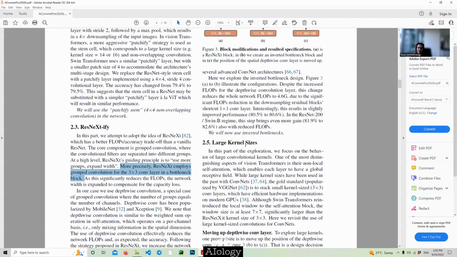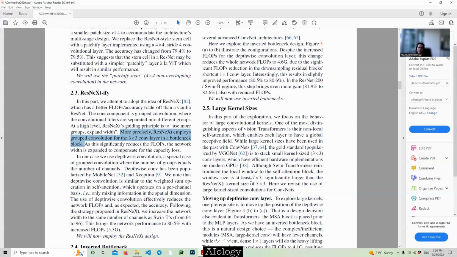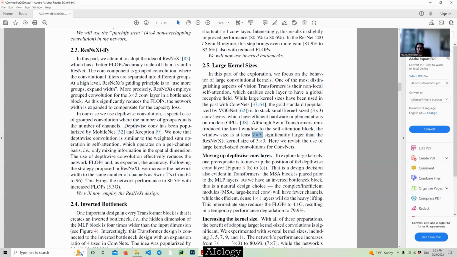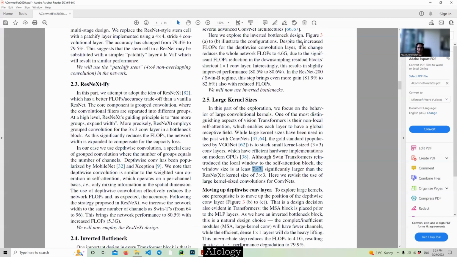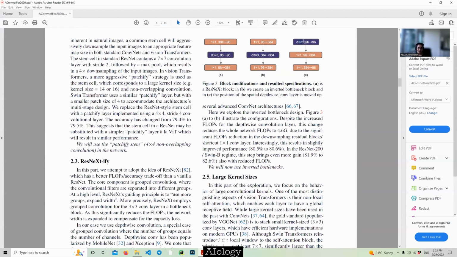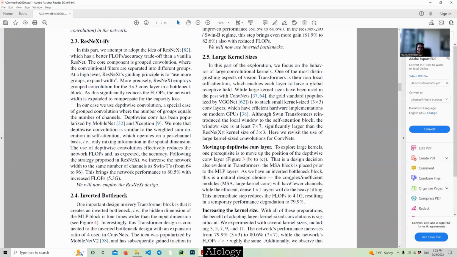So the next thing is the larger kernel size. They mention here that instead of a 3 by 3 kernel, they could use 7 by 7 to explore larger kernels. One prerequisite is to move up the position of the depth-wise convolutional layer. As I mentioned here, if they want to use larger kernel sizes, it's better to have it on top. The complex, inefficient module, multi-head self-attention or large kernel convolution, will have fewer channels, while the efficient dense 1 by 1 layers will do the heavy lifting.